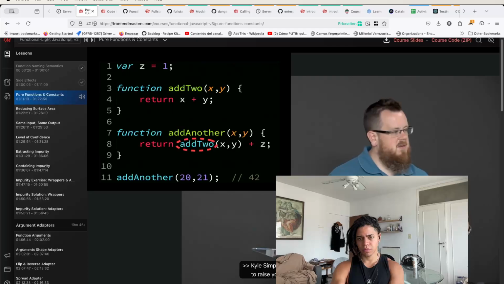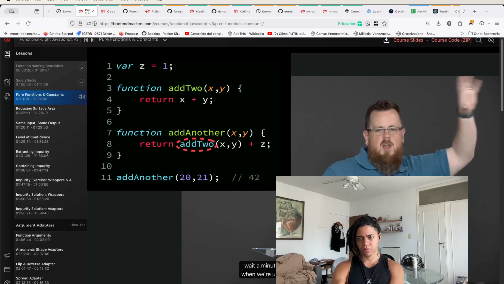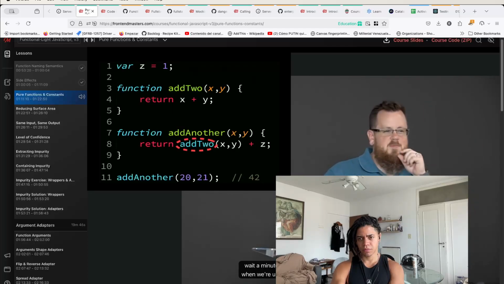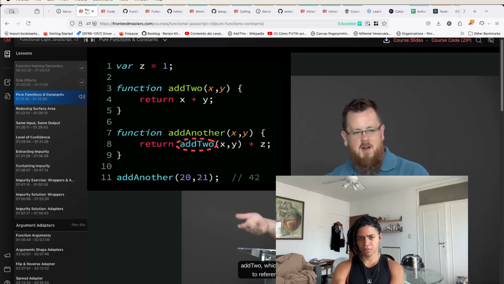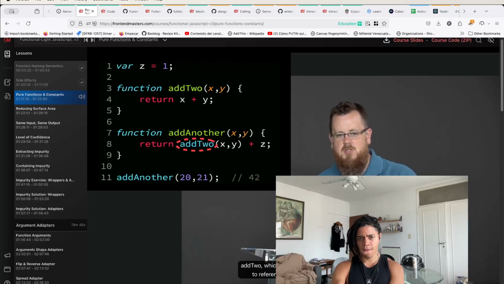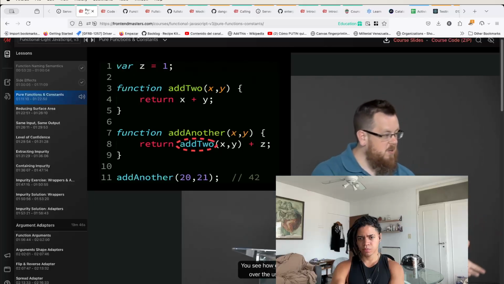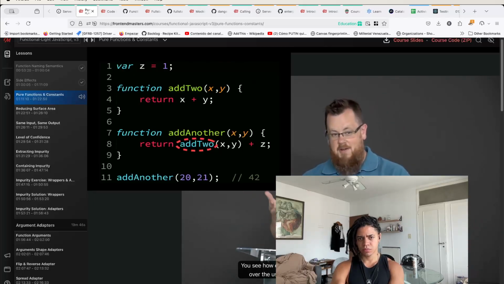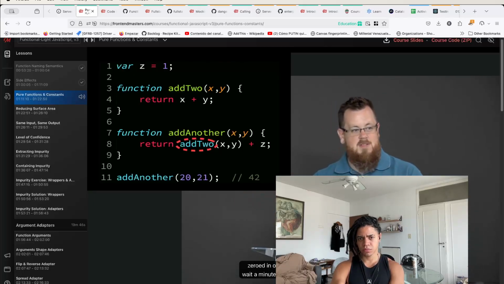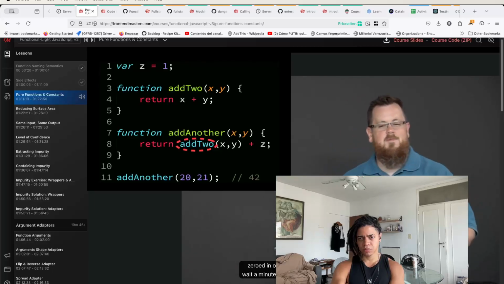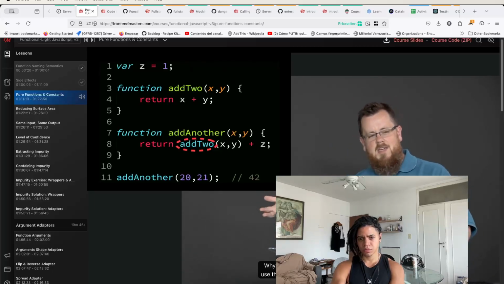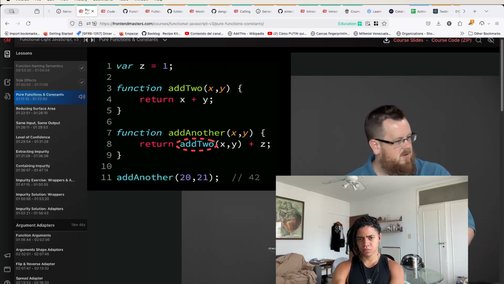But none of you seem to raise your hand and yell at me, wait a minute. Why is it a pure function when we're using another variable called add2, which is a variable that happens to reference a different function? You see how easily you just skipped right over the usage of that variable and zeroed in on the Z variable and said, wait a minute, that's a problem. Why is it that we get to use the add2 variable just because it points at a function? I have news for you.